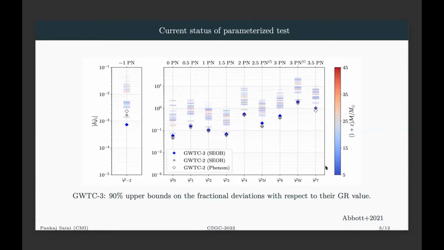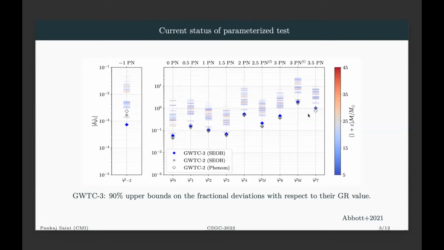The general trend is that the lower mass systems constrain these parameters better compared to the heavier mass ones. The blue diamonds are the combined bounds from these individual events. The dipole term is the most tightly constrained term, whereas the leading order deformations have bounds around 10 to the power minus 1, and as we go to higher post-Newtonian orders, the bounds become weaker.